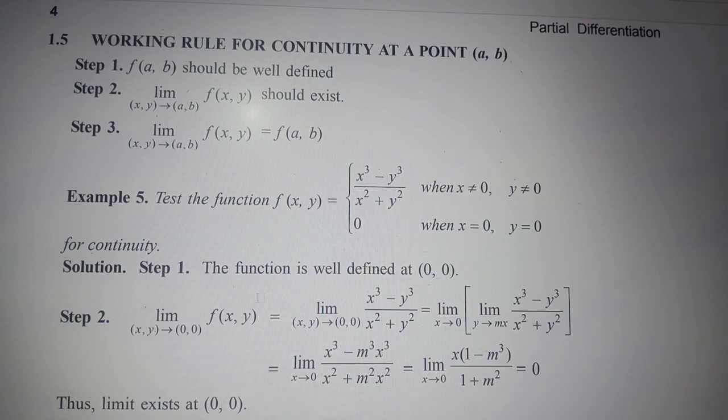Yes, the function is well defined at (0, 0), and we check the limit using the previous step. Putting y equal to mx, we get the function as 0. The limit of that function at (0, 0) is equal to 0.